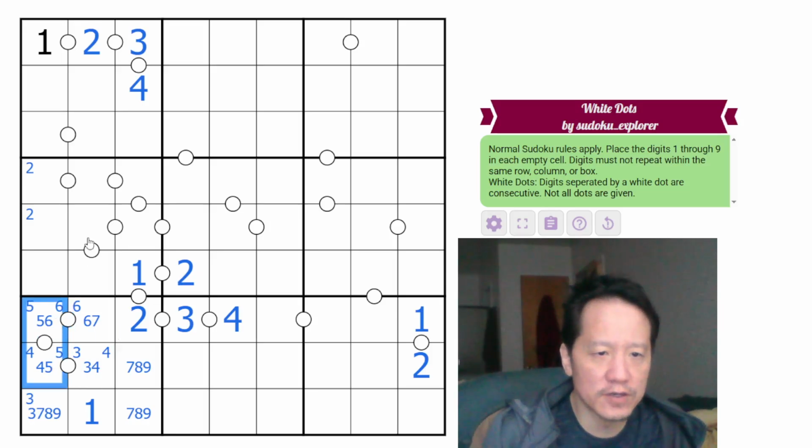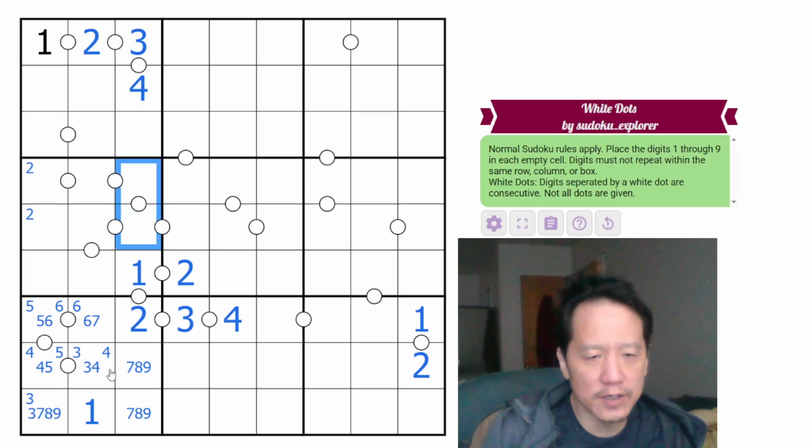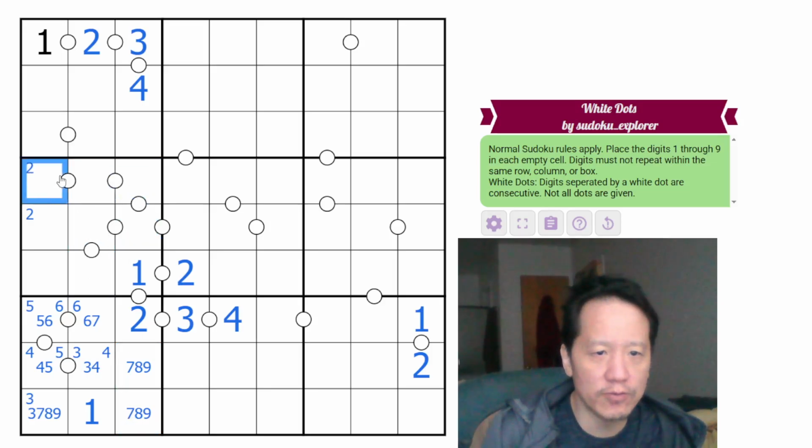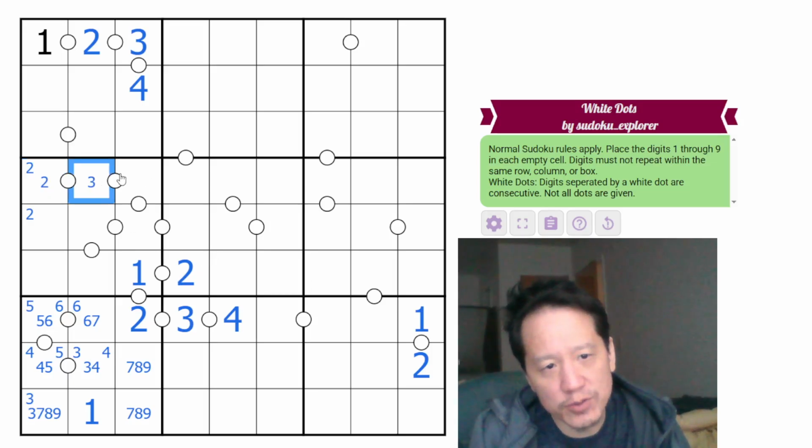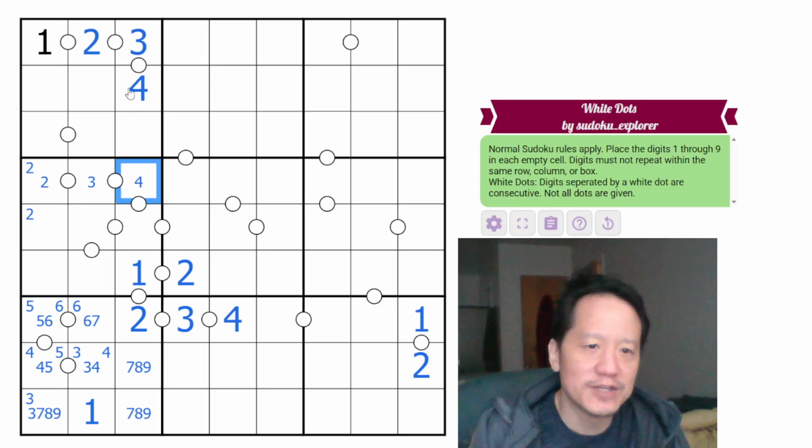So 5 is here, which means one of the... Well, we don't know about this. This cannot be 8 and 9, because that eliminates all possibilities for this cell. Also, actually, once you start on 1, it will complete the other way around, right? So this could be 2, which would force this to be 3, which would force that to be 4. But that's not possible then because of this 4 here.